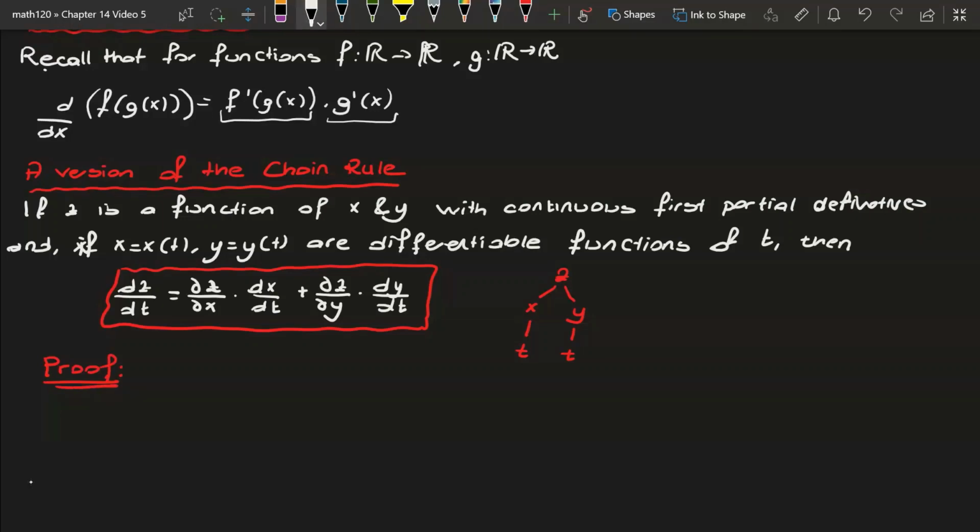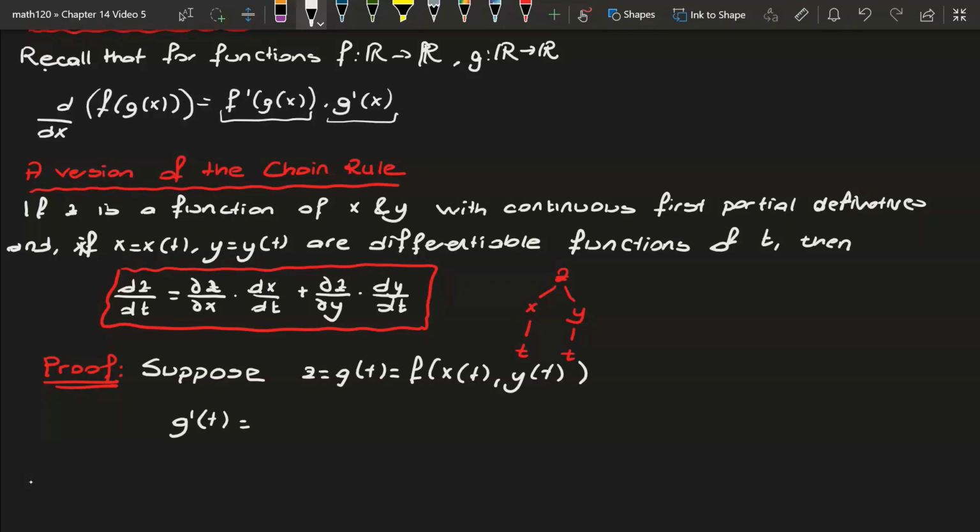Suppose z is g of t, or g of t is f of x of t, y of t. We want to find an equality for the derivative of g with respect to t, g prime of t.